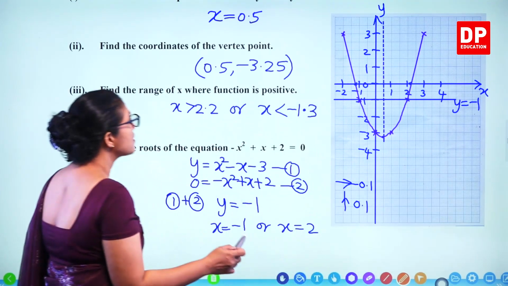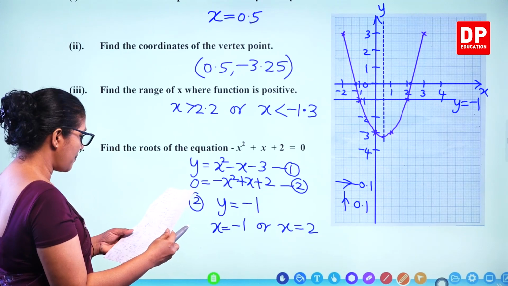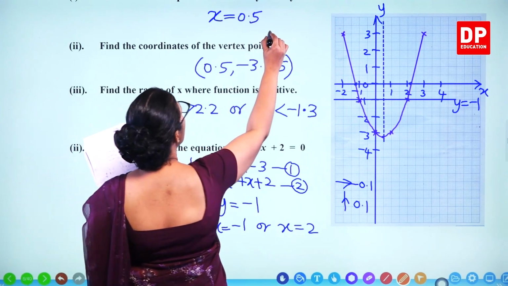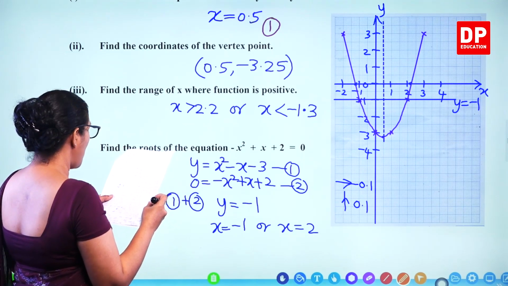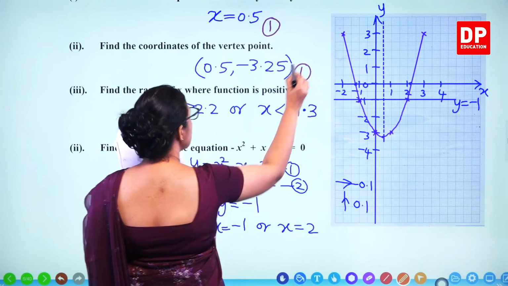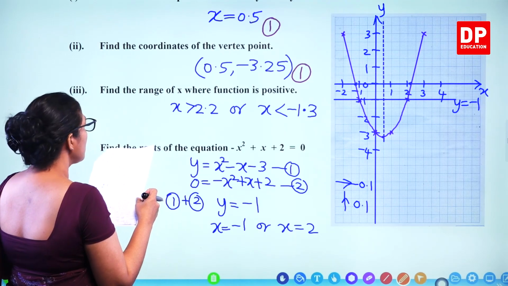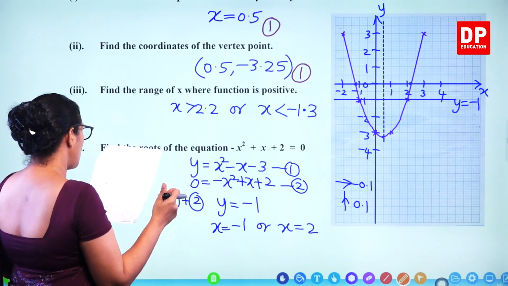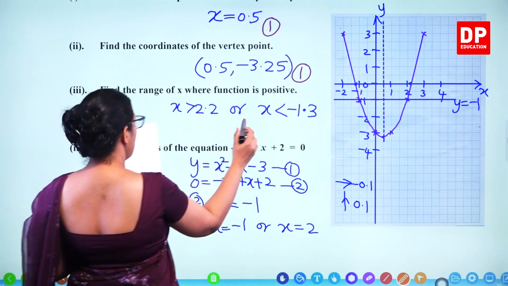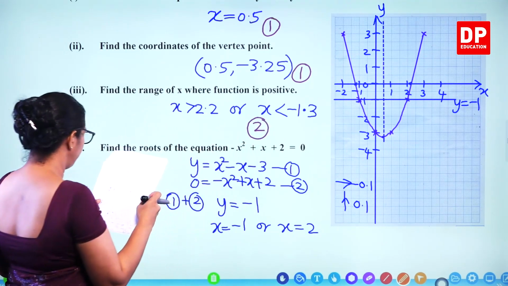So how many marks for these steps? 1 mark for the equation of the symmetric line. 1 mark for the vertex. x less than -1.3 and x greater than 2.2 or 2.3, you get 2 marks.